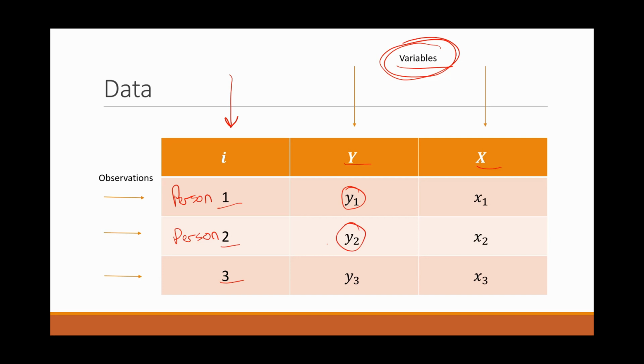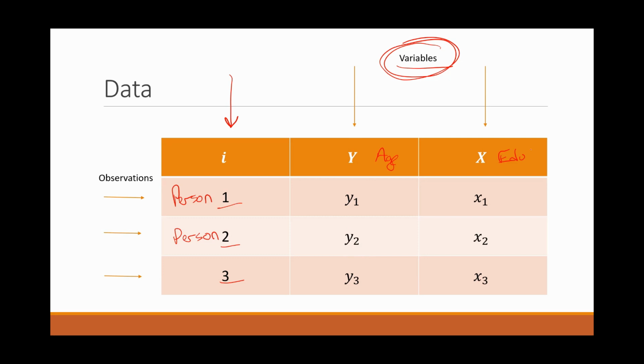And likewise for x. To make that more concrete, let me give an example. Imagine that the variable y was age, and imagine the variable x was education. Perfectly reasonable variables. We might want to collect a data set in which we measure people's age and their years of education.